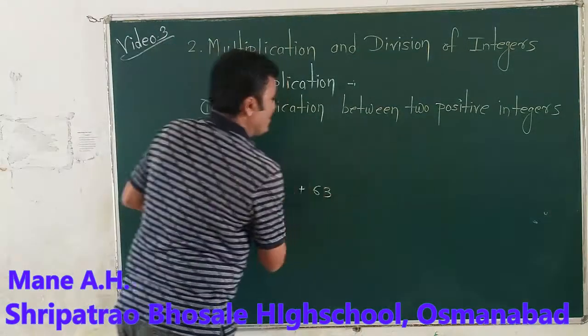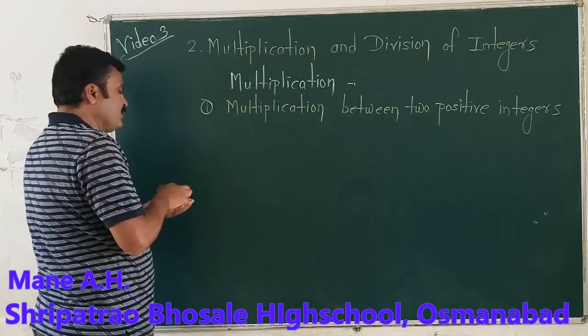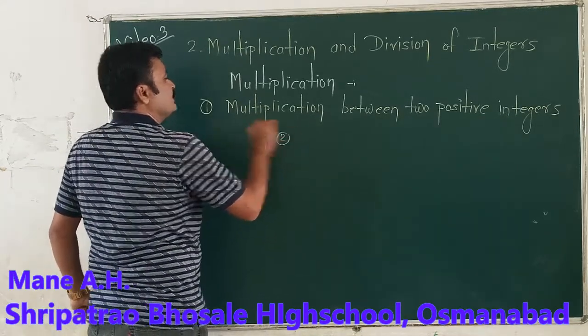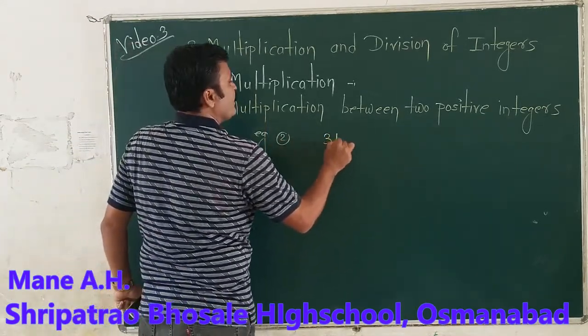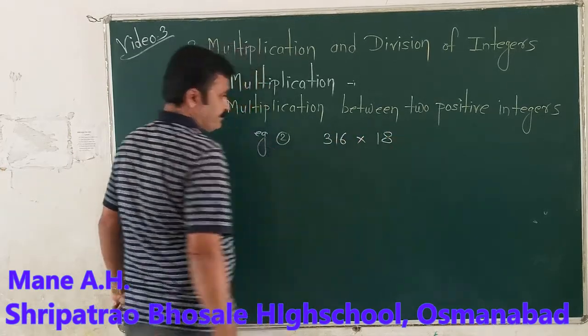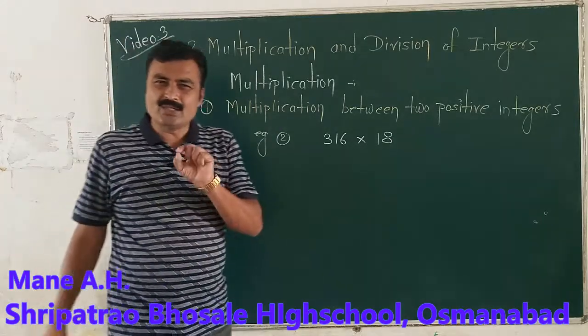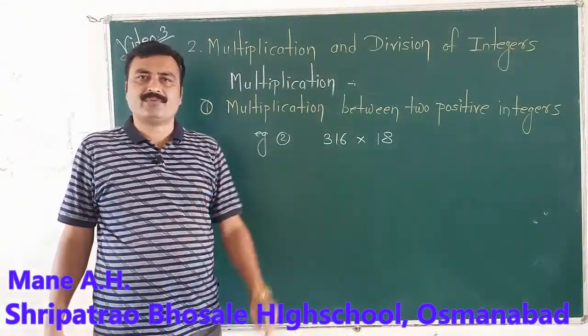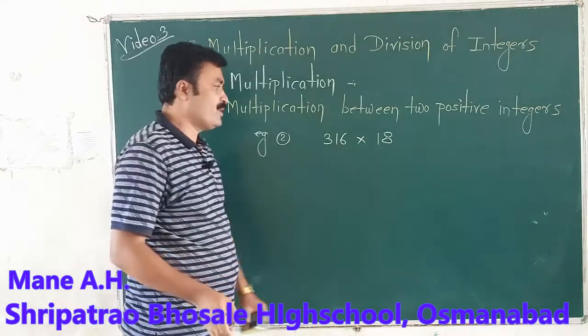Let's take another example for this. Now here I am taking another one, that is 316 multiplied by 18. Now the integer numbers here I am taking are quite greater. 316 is a 3-digit number, 18 is a 2-digit number.